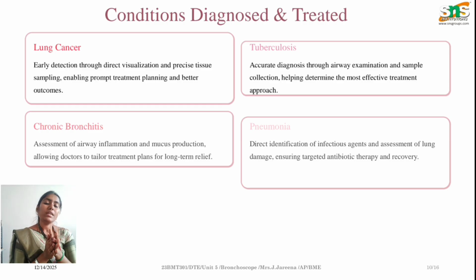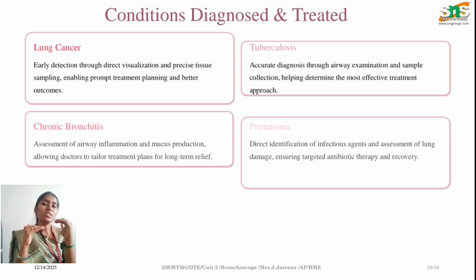So what kinds of conditions can be diagnosed and treated? The first one is lung cancer, because lung cancer has a very high fatal mortality rate compared to other cancers. The topmost cancer is breast cancer, and the second most is lung cancer, but compared to breast cancer the mortality rate is low. It is not much greater than lung cancer.